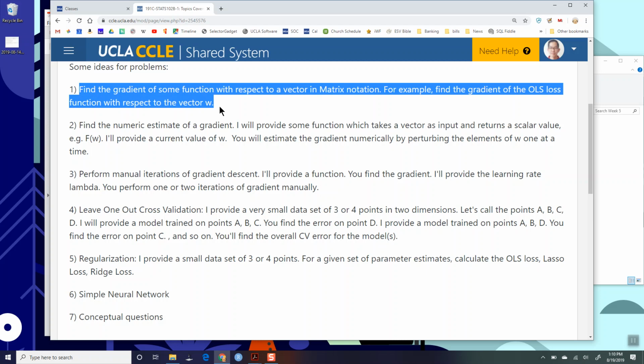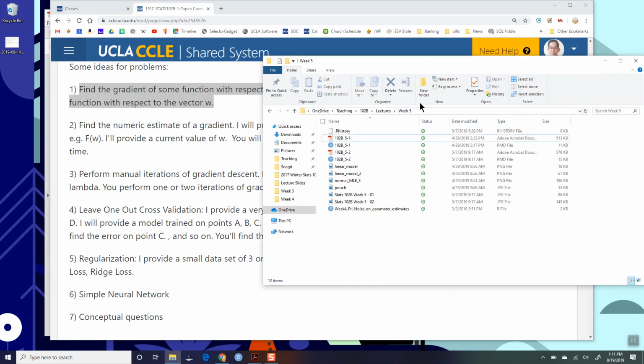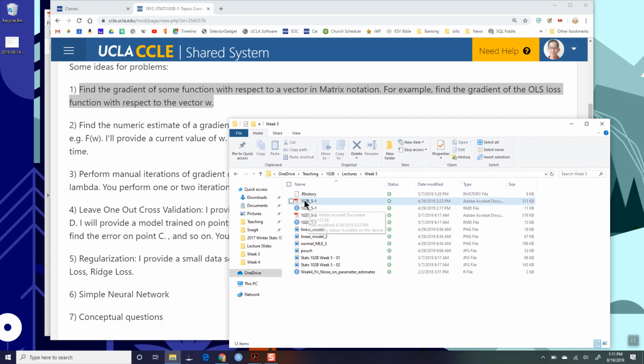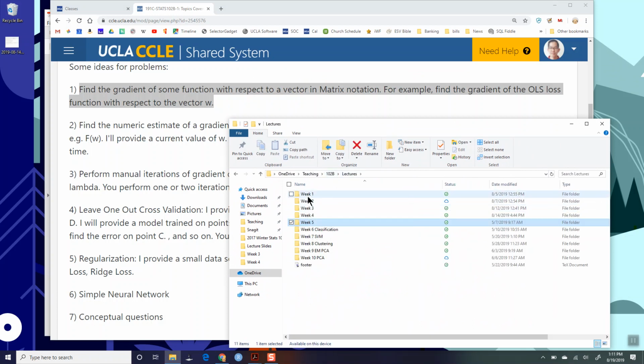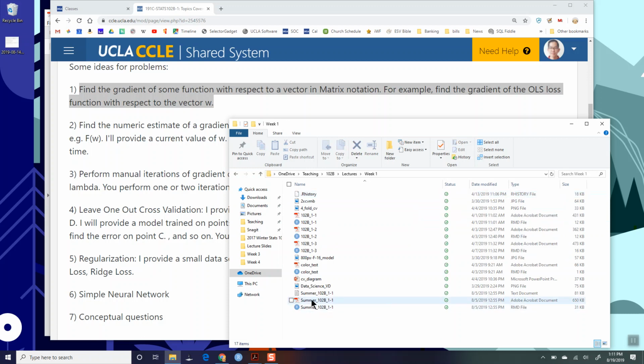Okay, so the first thing says, find the gradient of some function with respect to a vector in matrix notation. For example, find the gradient of the OLS function with respect to the vector W. Of course, it will not be that. Maybe what will be helpful is if I just refer to the lecture.